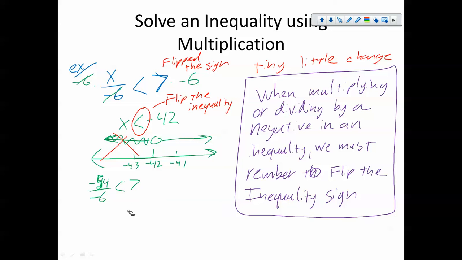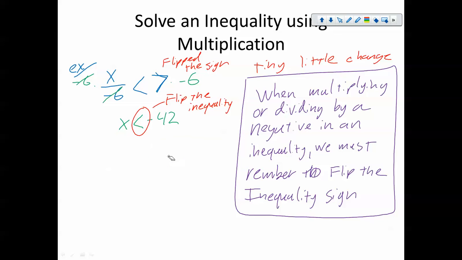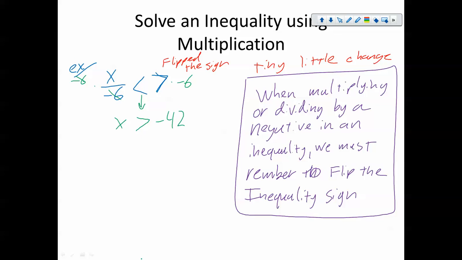So let's do this one correctly now. Lots of things to erase. Okay. So we're going to do the same thing. We're still going to multiply by negative 6. But when we do that, the negative 6 cancels, and we flip the sign. We went from a less than sign to a greater than sign, and then this became negative 42.